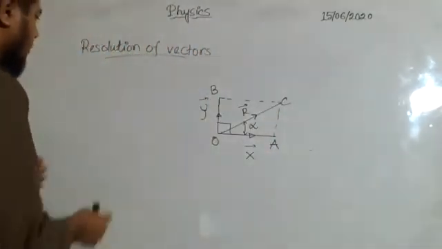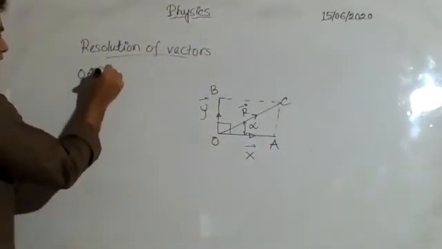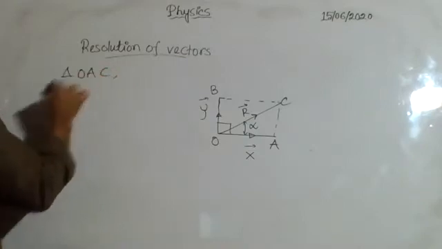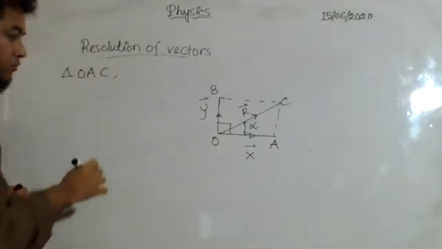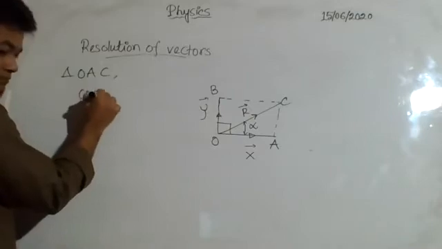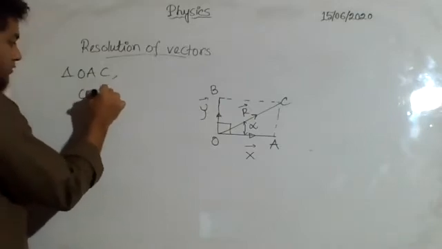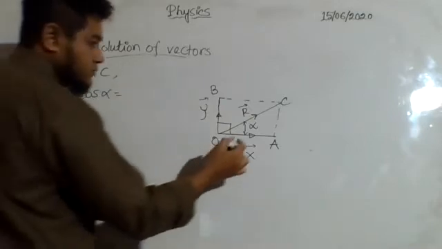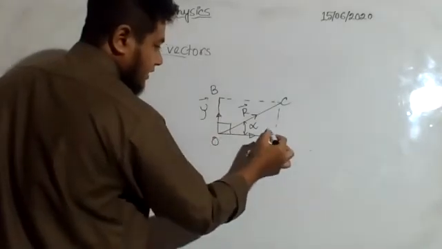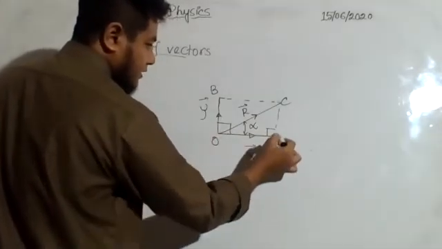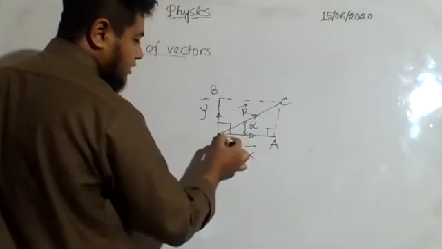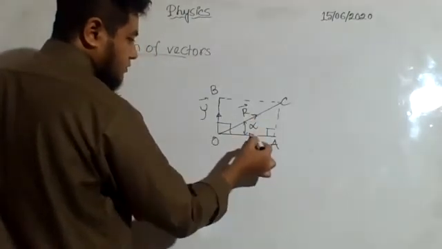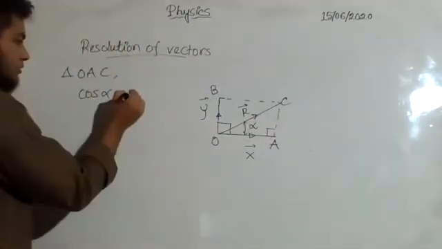From this triangle OAC, what can we write? cos alpha is equal to, see, this is the adjacent, and as this is 90 degrees, the side opposite to it will be the hypotenuse. So adjacent by hypotenuse.